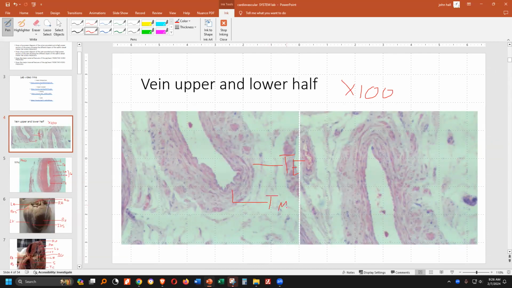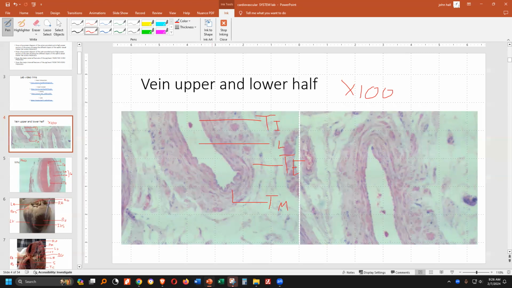You notice there that you cannot really see 2 distinct layers of muscle, right? And then we have tunica intima, right? And of course lumen. So the same labels for the artery and the vein, of course, right?